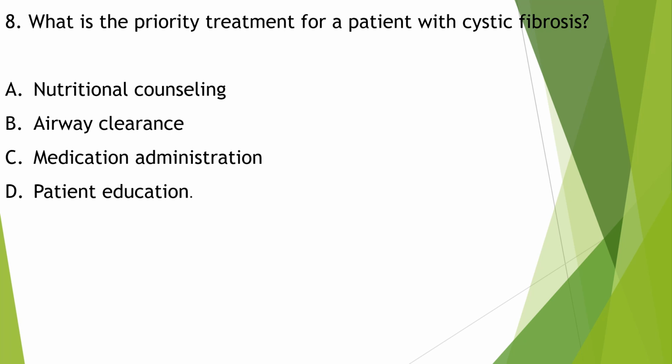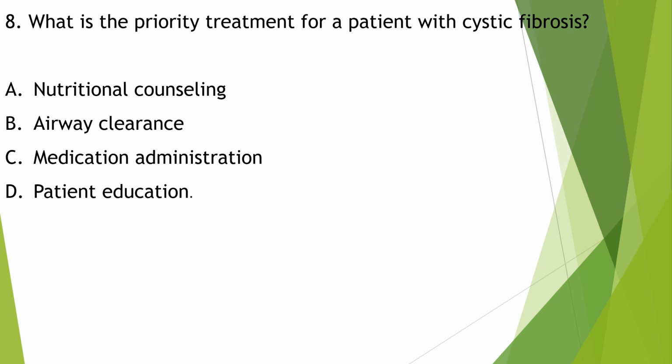And in the lungs, because of the increase in thick sticky mucus production, it leads to mucus plugging of the airways, and inflammation happens, and bronchiectasis, that is the chronic dilation of the bronchioles, will happen. So that is what happens with the lungs, and pulmonary disease will result from cystic fibrosis, which leads to mortality.